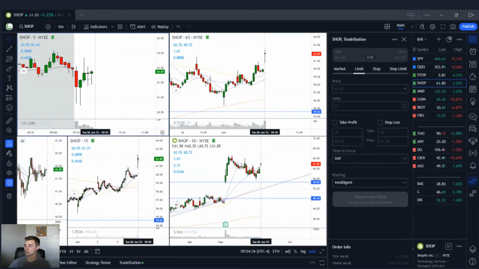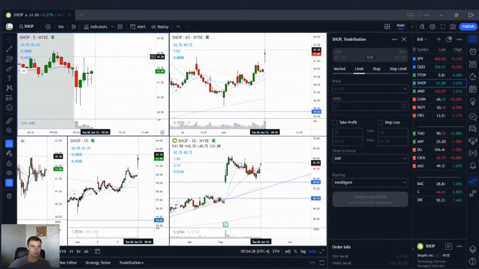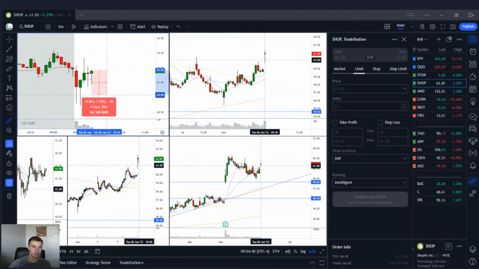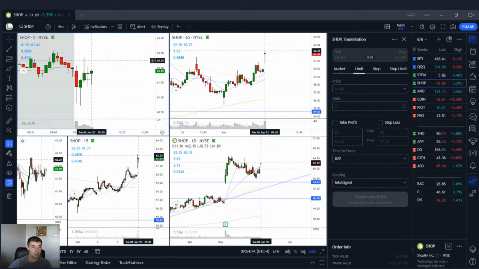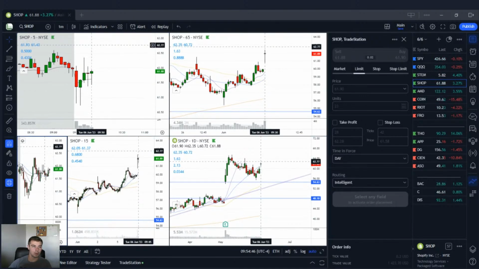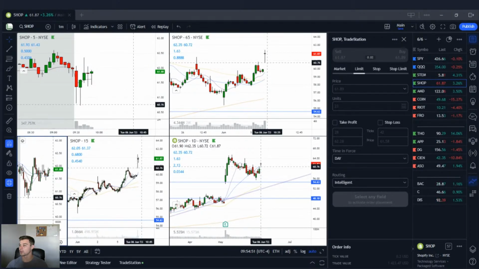Guys, watch that Shopify. 61.93, 61.13. That's a very pseudo buy setup, though. Honestly, that's really not the greatest pattern up there.